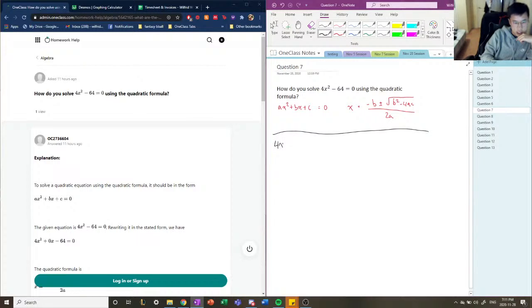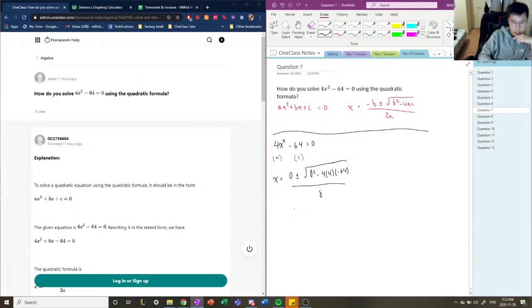So we have 4x squared minus 64 equal to 0. We recognize that we don't have a b coefficient, but we have an a and a c here. So we're just going to plug that into our equation. We have no b, so x equals 0 plus or minus the square root of 0 squared minus 4 times 4 times negative 64, divided by 8.